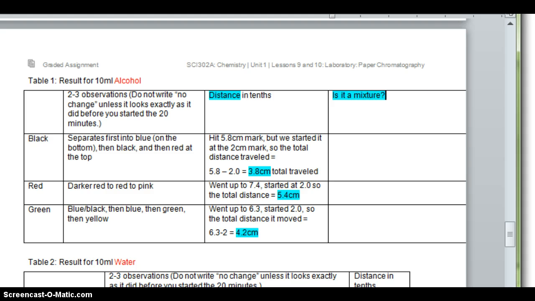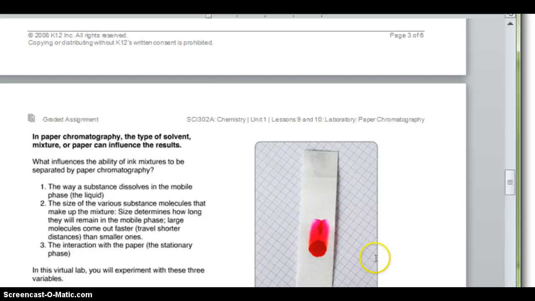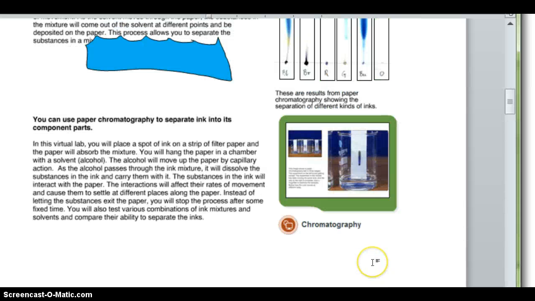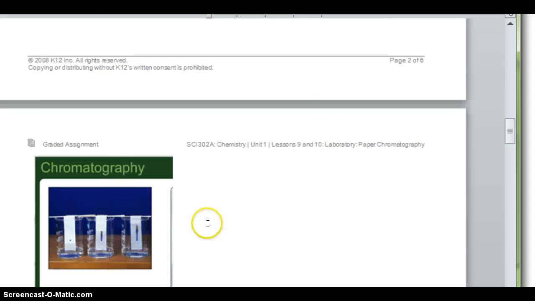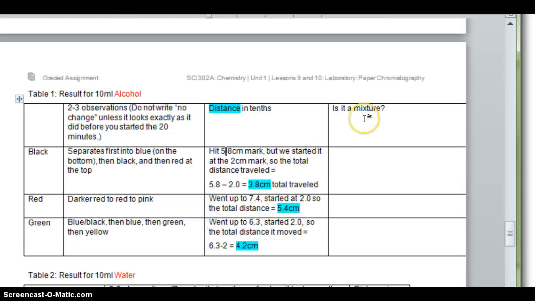Yes or no? And how do you know? And so if we go back up here, we know that it's a mixture if the components of ink mixtures and solvents and compare their ability to separate the inks. So we know it's a mixture if it separates into different colors.